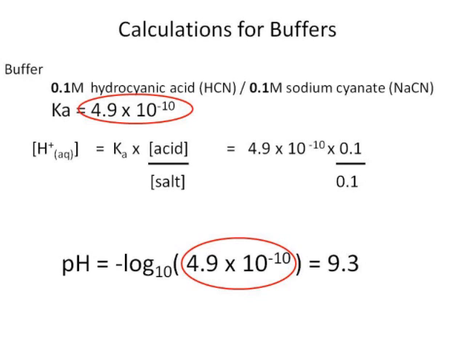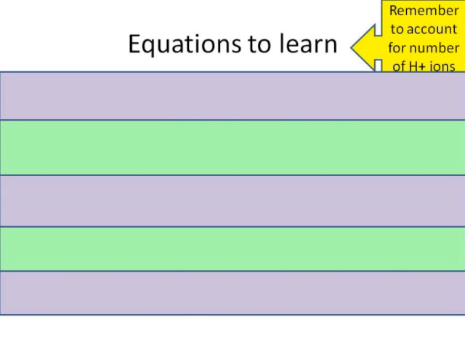So I'll summarize this presentation with a list of equations that would be useful for you to be able to remember. For each of these, remember that if you're dealing with a diprotic or a triprotic acid, you have to adjust the concentration of H+ ions accordingly. However, for a strong acid, the pH is just the negative log 10 of the concentration of that acid.